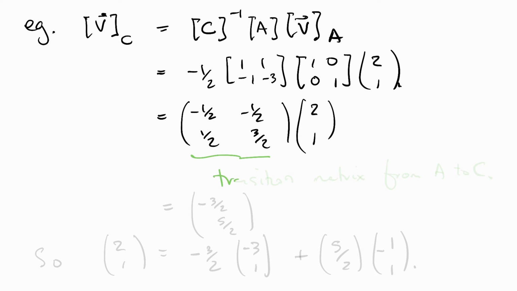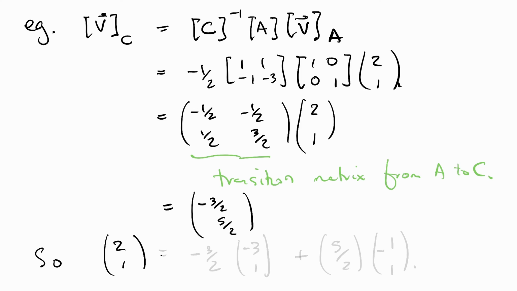This is the transition matrix from A to C. And this product is equal to -3/2, 5/2. So 2, 1 should be equal to -3/2 times -3, 1 plus 5/2 times -1, 1.